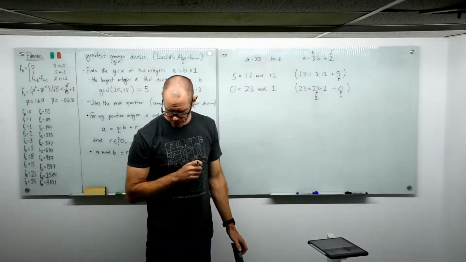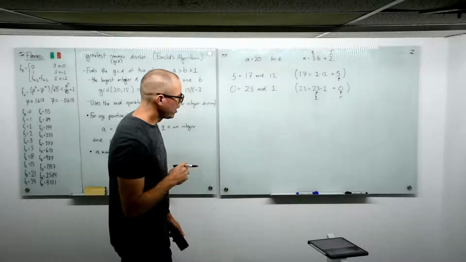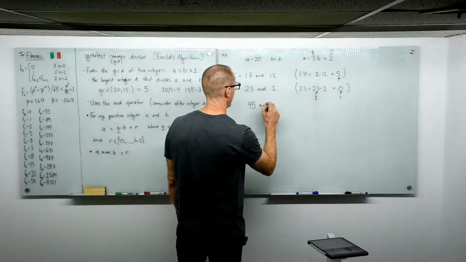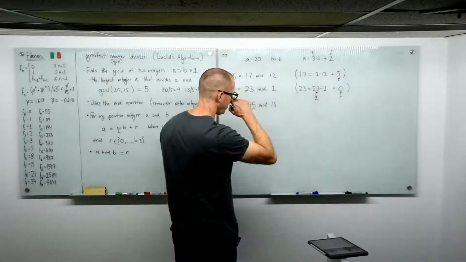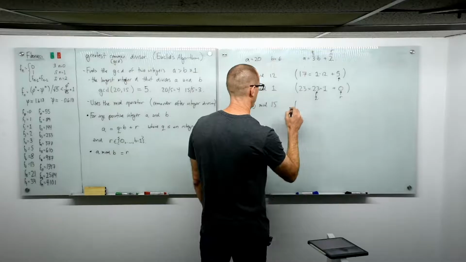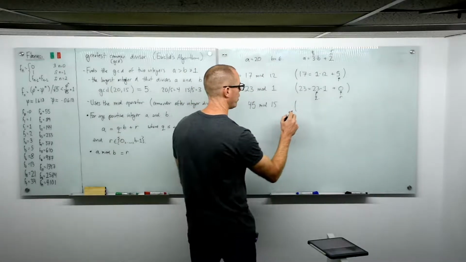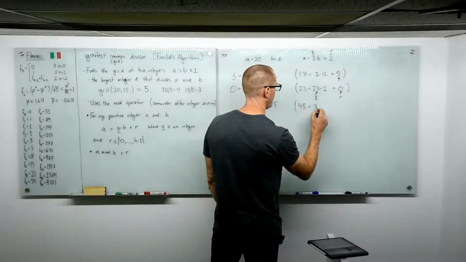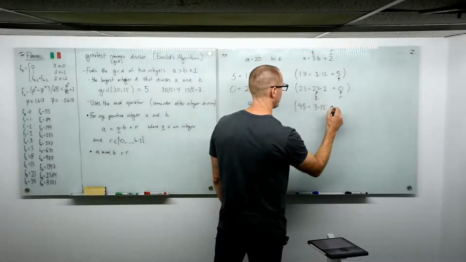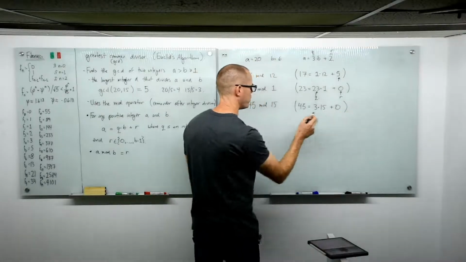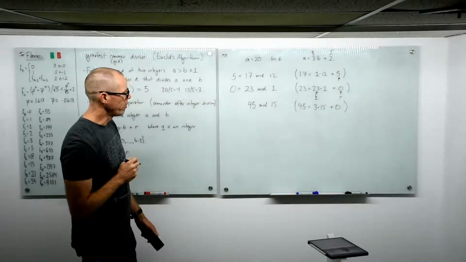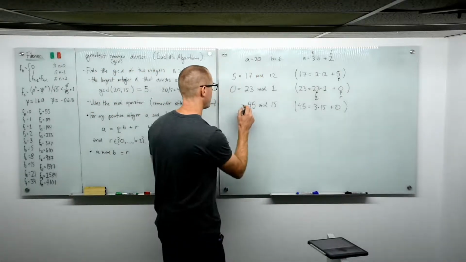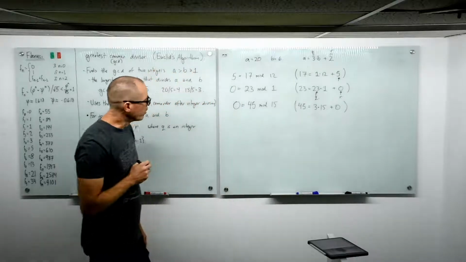And 45 mod 15. How did we get that? Well, 45 is equal to 3 times 15 plus 0. 3 times 15 is already 45, so there's no remainder here. Okay. So that's also 0.